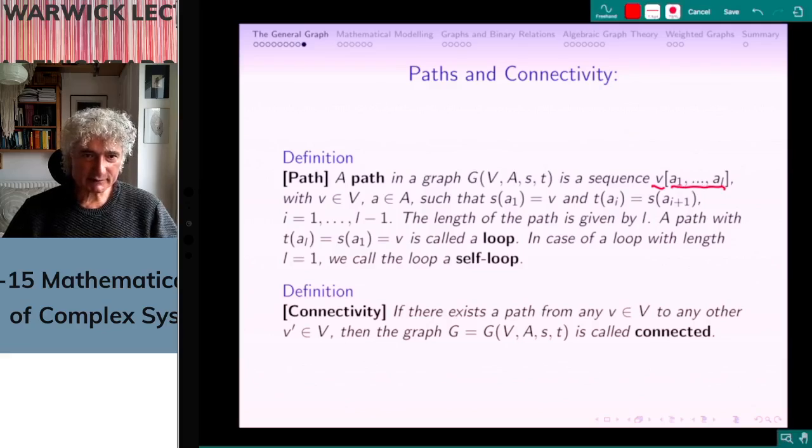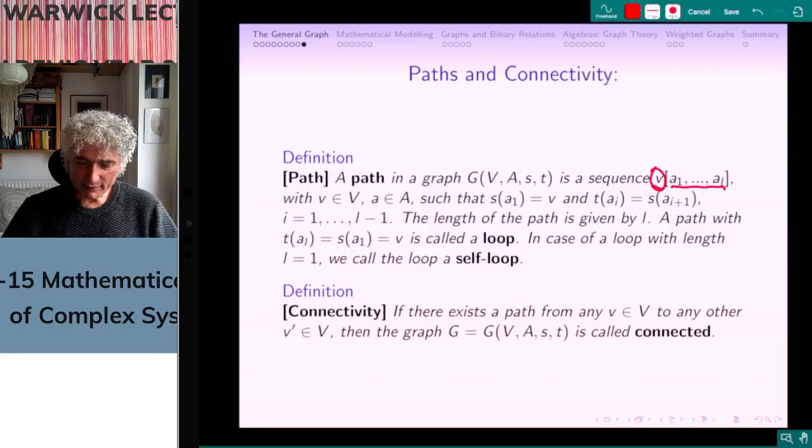V, of course, has to be in the vertex set of the graph G, and all the A's will be elements in the arrow set of this graph. And the requirement for a path is that the source of the first arrow has to start at V. This is explaining why in the definition you have this V in front of the bracket.